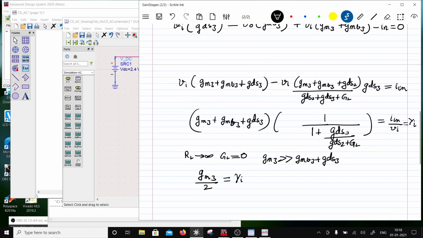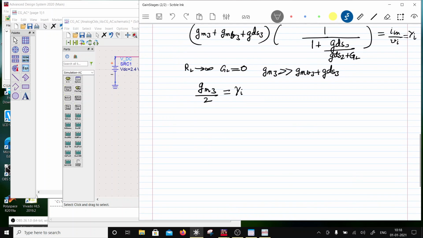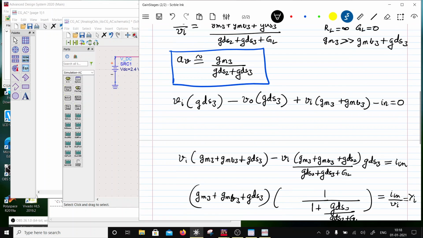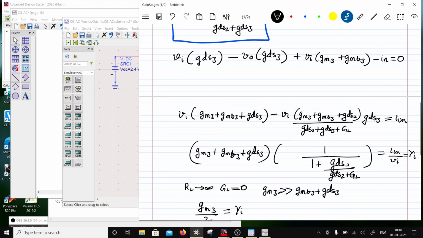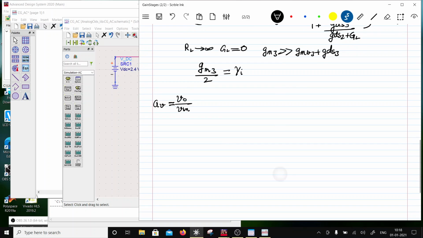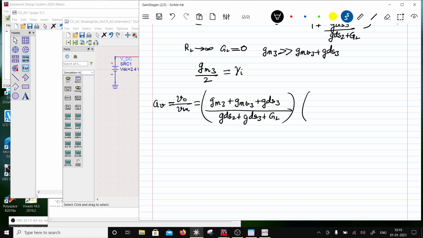Okay, so now let us consider what is VO by VIN, which is going to be AV. Of course this is an approximation, right? But still, let's put there the exact value. The exact value would be (GM3 plus GMB3 plus GDS3) divided by (GDS2 plus GDS3 plus GL) times of, okay, so now to find that, one more thing is there.